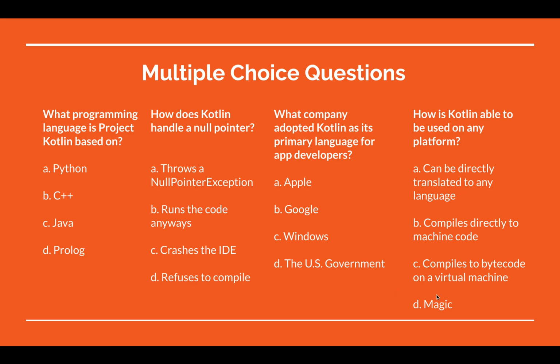Honestly, I'll be real with you. I might accept D as a second answer because it's incredible how amazing Kotlin is, and I really do think that it is the natural next step for Java.